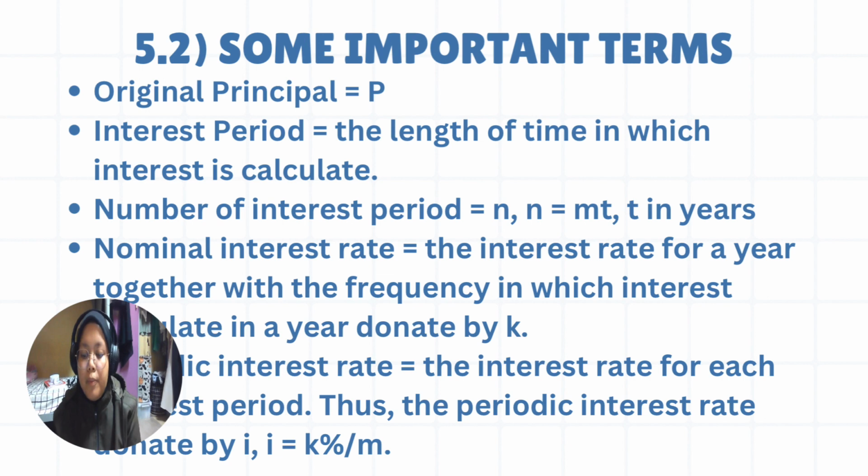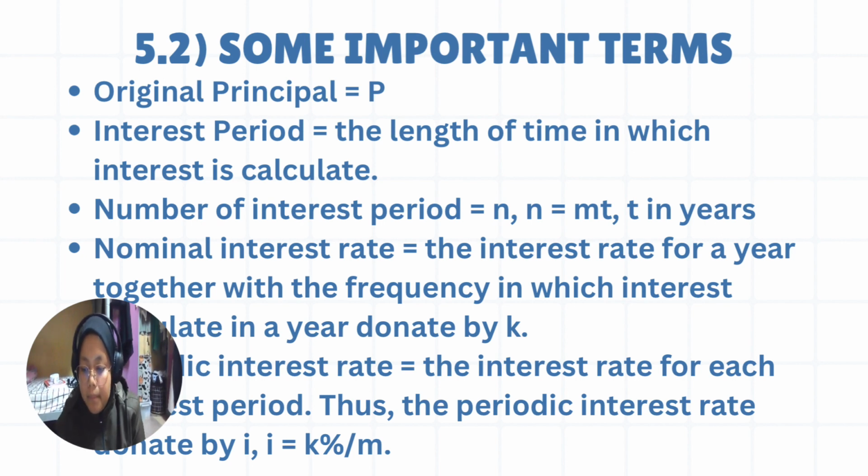Let's move on to 5.2, some important terms. In this topic, we've got the original principal. The interest period is the length of time in which interest is calculated. The number of interest periods is denoted by n, also known as MT, and T is calculated in years. Nominal interest rate is the interest rate for a year, together with the frequency in which interest is calculated in the year, K%.